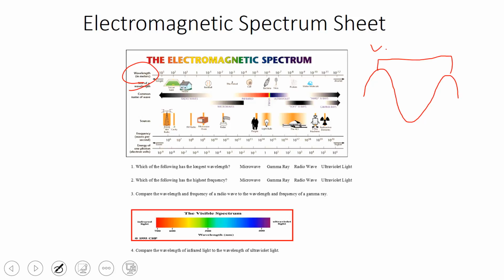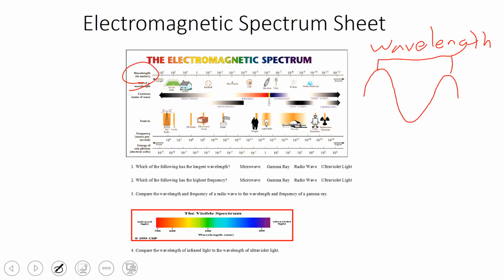So this right here would be wavelength. As you move to the right on this electromagnetic spectrum, wavelengths are getting shorter. As you move to the left, wavelengths are getting longer. We'll talk in lesson 14 about what that means as far as the amount of energy these waves contain. But this is a good opportunity to start talking about this.